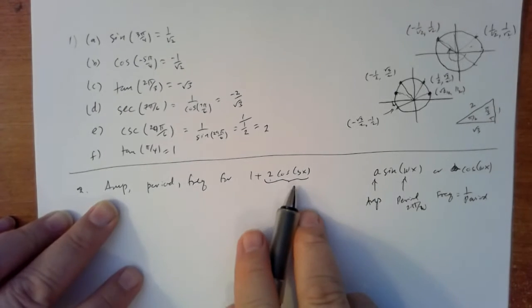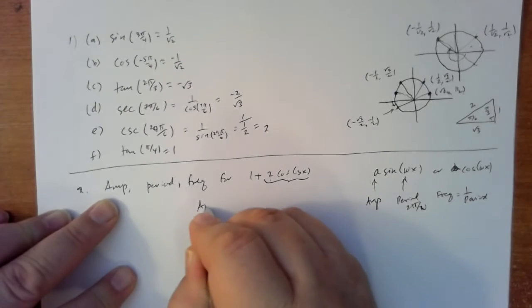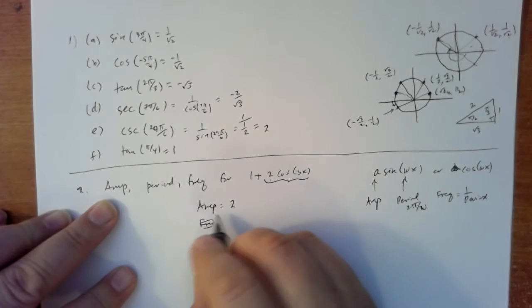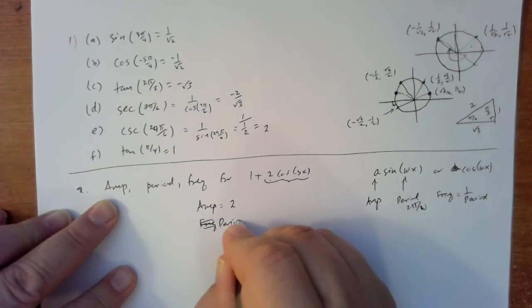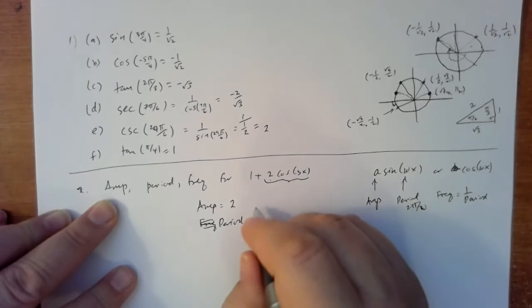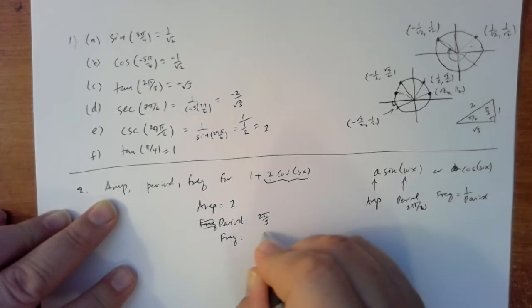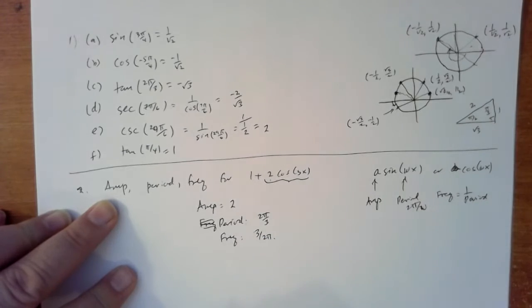Okay, so in our case, we can just read those off. Amplitude is 2, frequency, or sorry, we usually do period first. 2 pi over 3. And so then the frequency is the reciprocal of that, 3 over 2 pi. Very good.